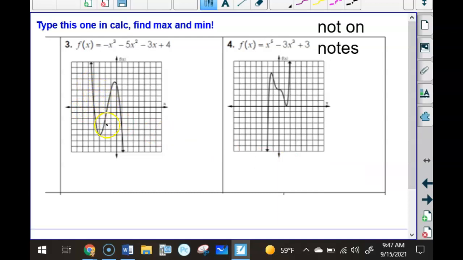Number 3, you have on your notes, but you don't have the equation. Is that true? Okay, so can we try it on the calculator? It's negative x cubed minus 5x squared minus 3x plus 4.